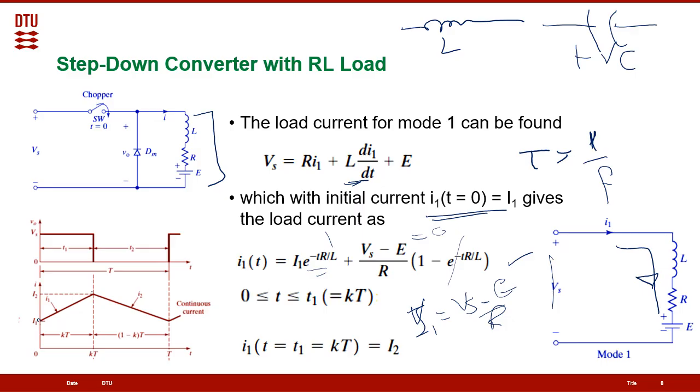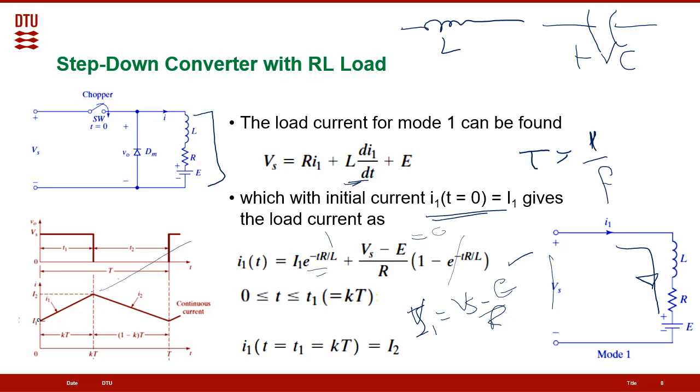We will not let the current increase, because at kT the switch will be off. Then the current will go through the diode, because this circuit is open, and then it will start to discharge through the resistor.